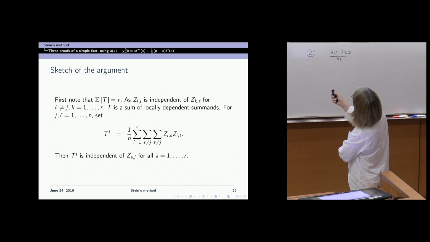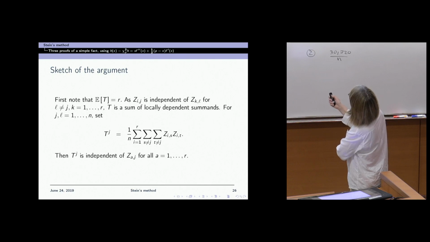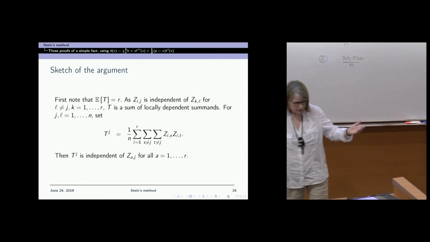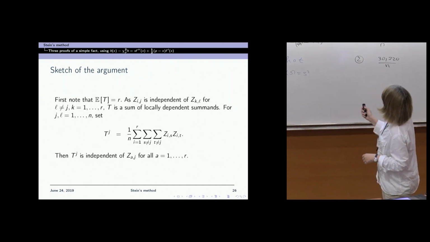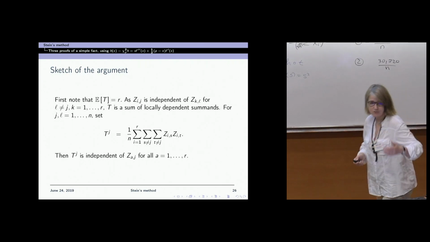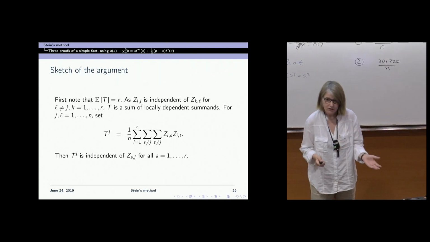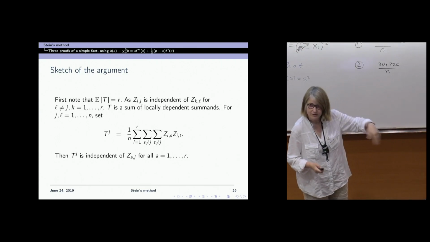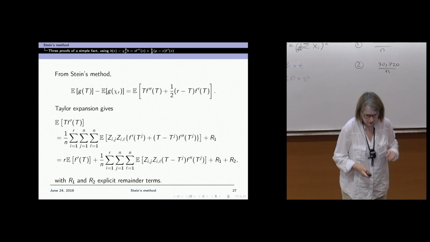But here we can take out everything that depends on the j's vector, and so we have s not equal to j, t not equal to j. So it's very similar to the first proof, where we took out everything that depended on i. Only here we do it directly on the square rather than going back to the normal approximation.